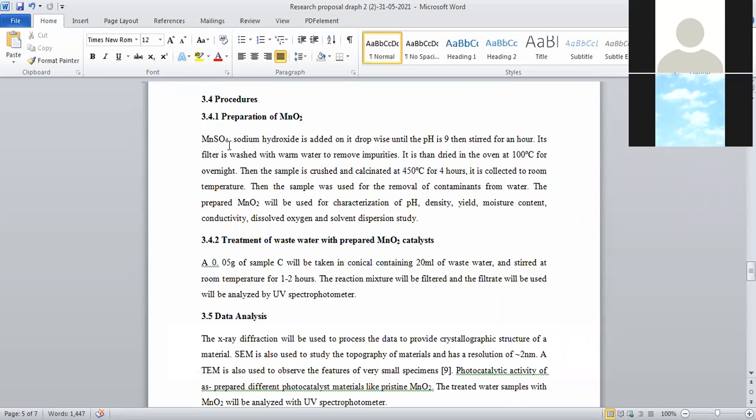Then again drying. After drying, you will make the pieces, all those things. Then you want to make it powder, you grind it in the mortar and pestle. Then you want to sieve it, some 150, 200 micron sieving you will do. So like this, step by step, each step which you are doing, it comes under procedure.